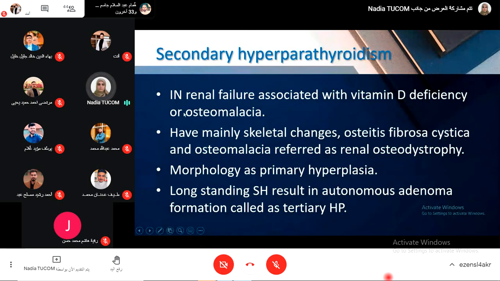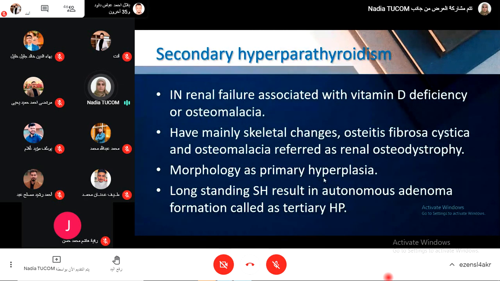Renal osteodystrophy is the skeletal manifestation that results in bone pain and increased bone resorption. A patient with tertiary hyperparathyroidism has long-standing or chronic secondary hyperparathyroidism for many years.